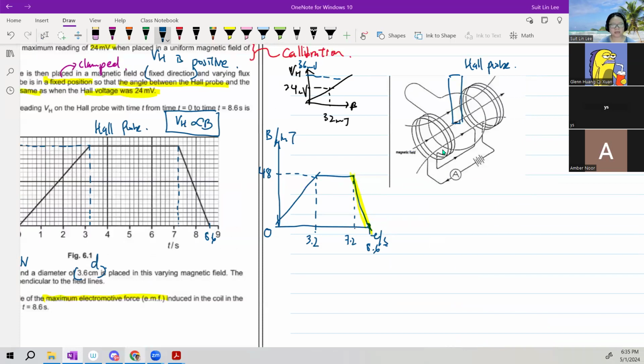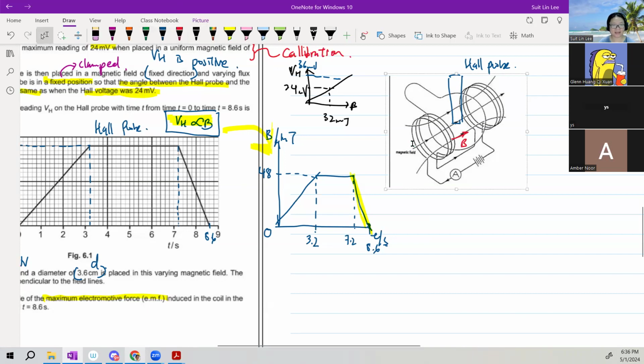Based on our understanding of VH, we get the magnetic flux density graph. So I know the magnetic flux density will change this way inside the coil.